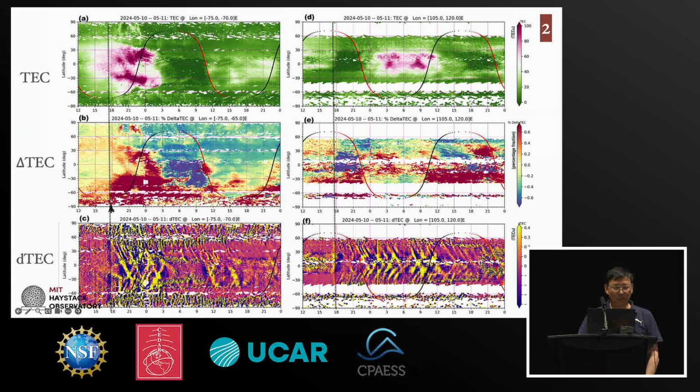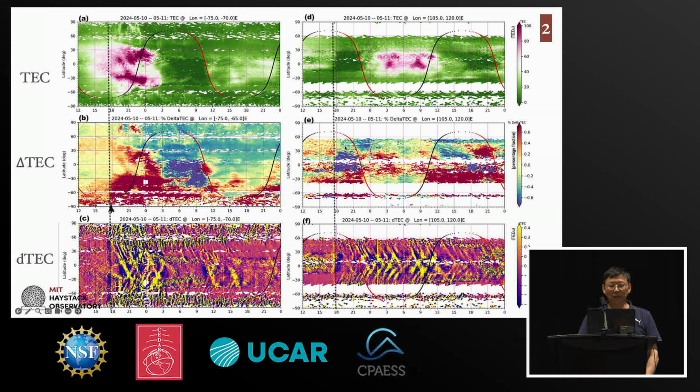Everything all of a sudden showed onset of disturbances around the same time in either delta TEC or differential TEC. On the right is the dayside hemisphere, and left is American longitudes where we are on the night side when the storm started. So the night side hemisphere is different, but the onset, mostly penetration electric field, is very similar in an opposite way.